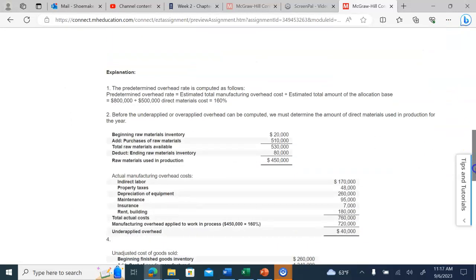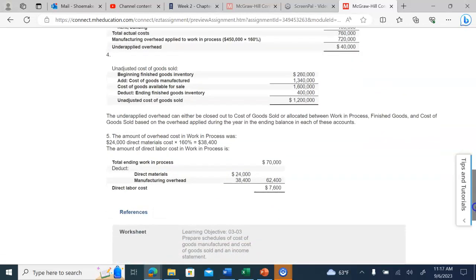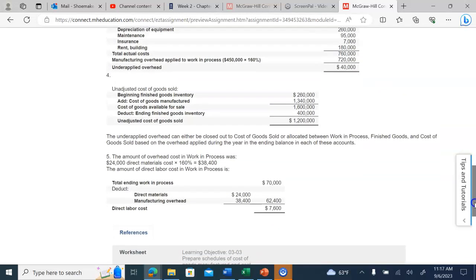Anyway, as we move down here, guys, in this case, you can allocate it just to cost of goods sold, or they can allocate it to the three different accounts. Underapplied can be closed either to cost of goods or allocated between the three. Okay.